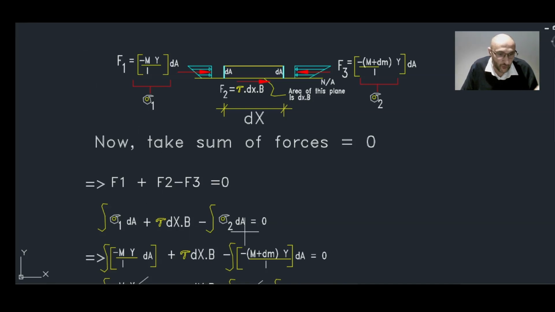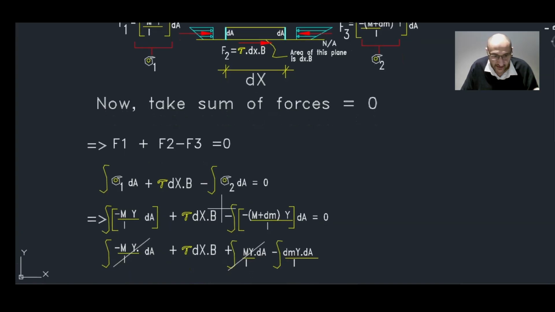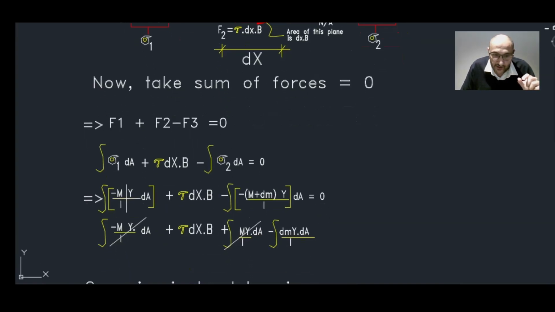So F1 plus F2 minus F3 is equal to 0. Then we substitute My over I for sigma, so that will be integration of minus My over I dA plus tau dx b minus, open a bracket, minus (M plus dM) y over I dA, is equal to 0.